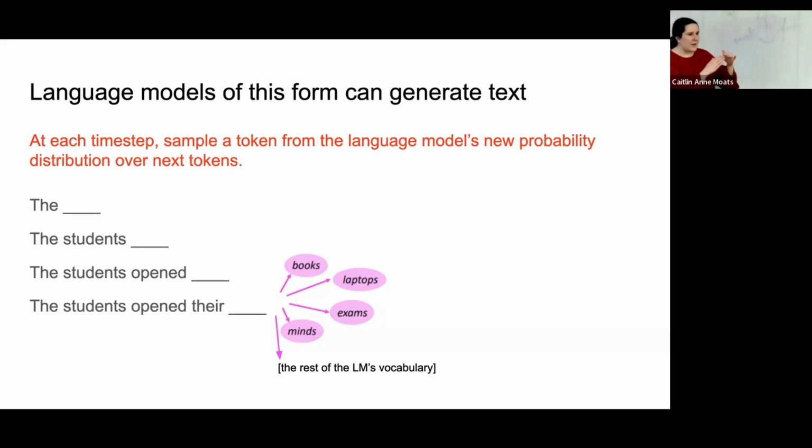It's like the classic marbles in a jar problem, right? If I have mostly red marbles in this jar, that doesn't mean that if I reach into the jar, I'm necessarily going to draw out a red marble. It means I have a high chance of doing so, but it's not deterministic, right?